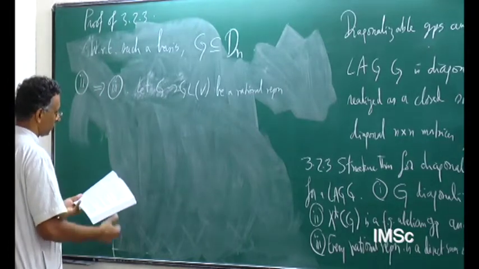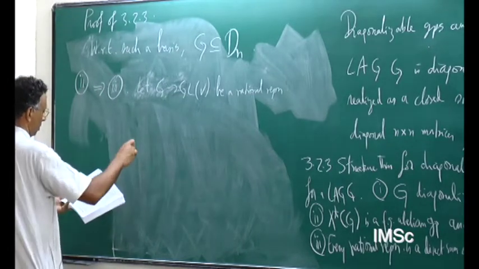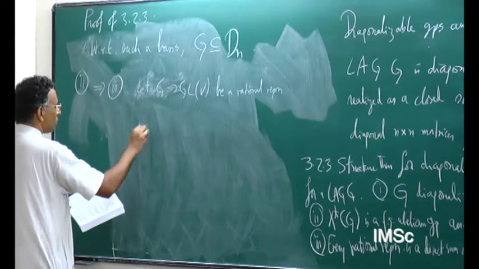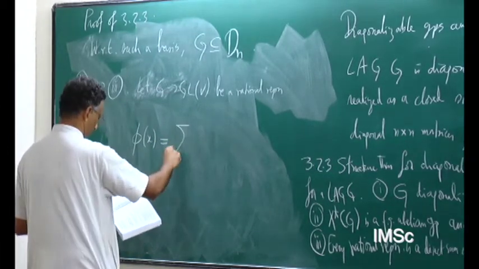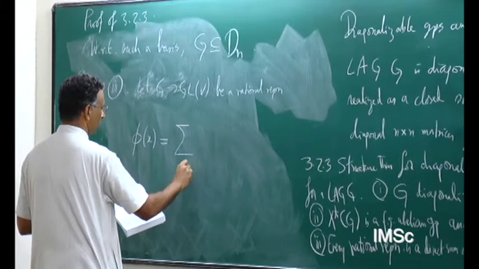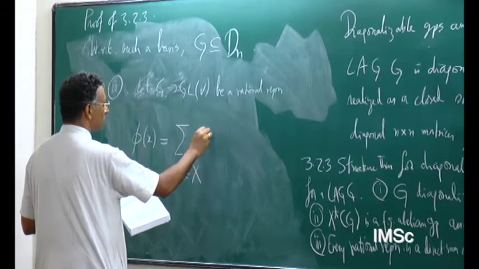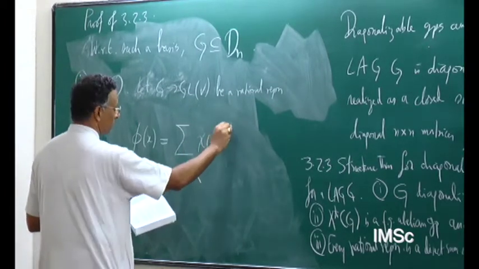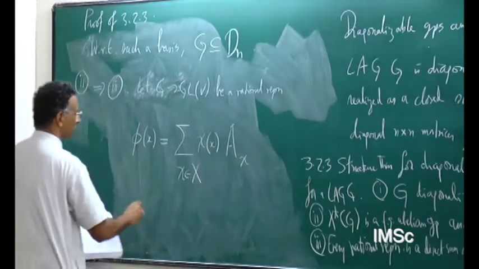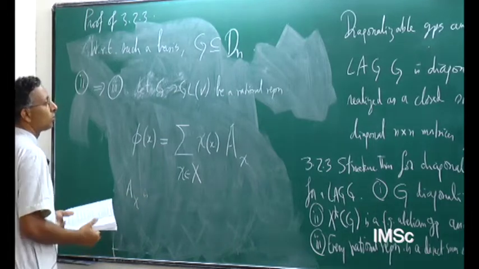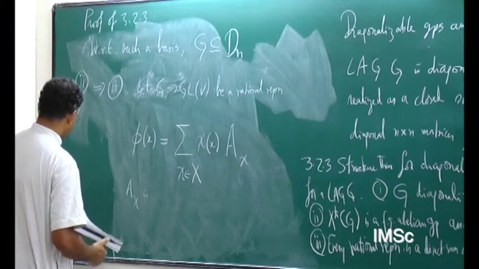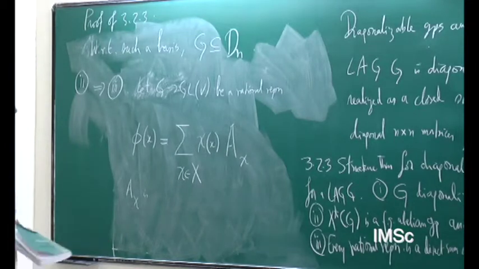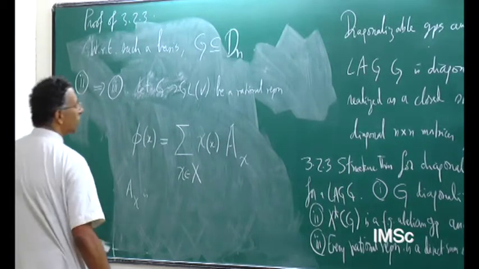So he is going to define phi of x. Maybe the way to think about it is, I find it most easy to think of this as a matrix.